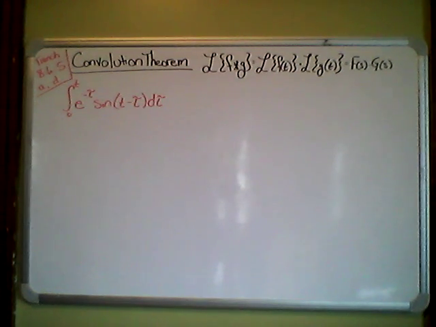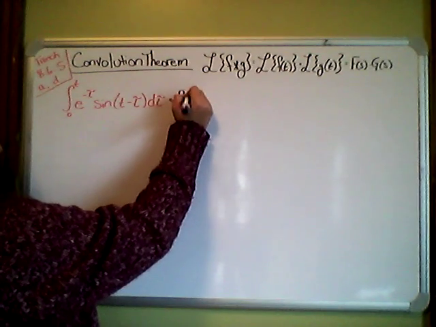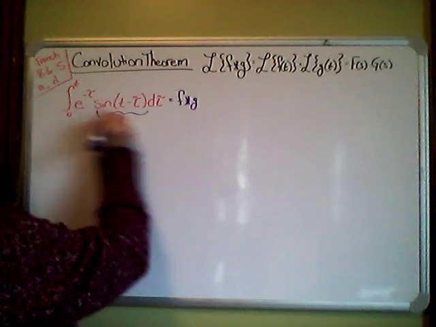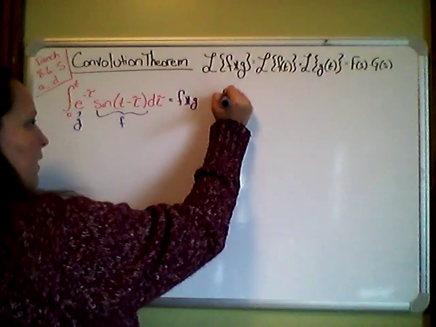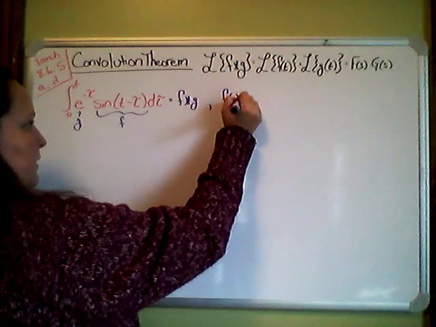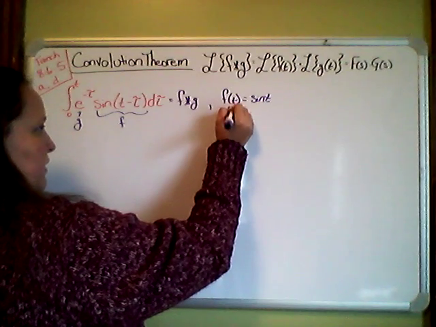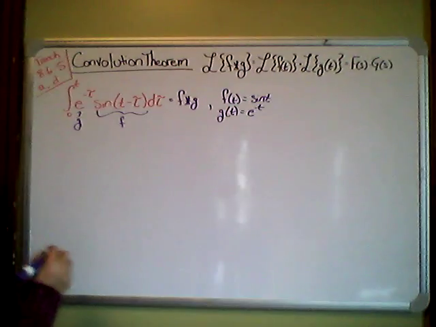Now again, we should recognize this as being f convoluted with g, where this is our f, this is our g. Our f of t is going to be equal to sine of t, and our g of t is going to be equal to e to the minus t.